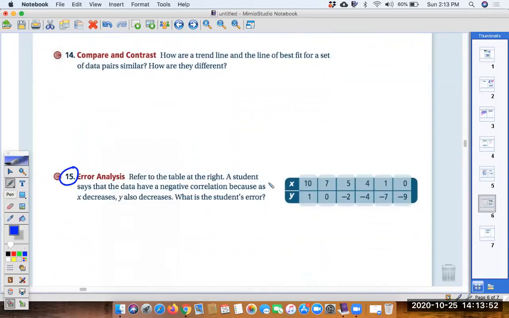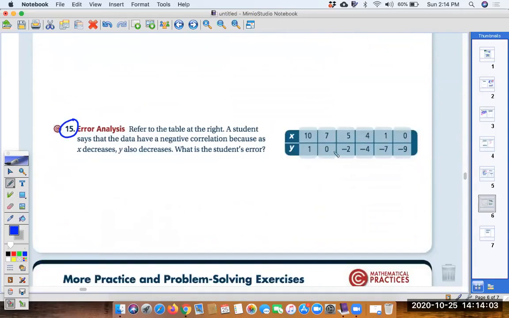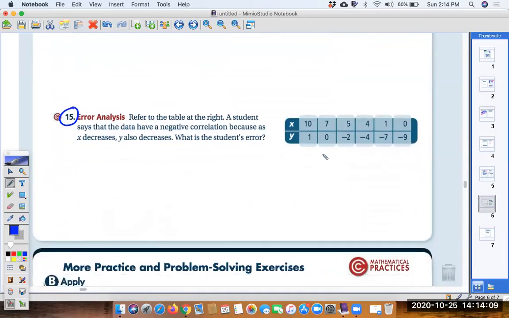Okay, the student says this. Is he correct? No, obviously not. There's an error. You have to explain what that error is. If you really don't see it from the table, I would actually plot the points. You can plot those points on Desmos and see what the scatter plot looks like.